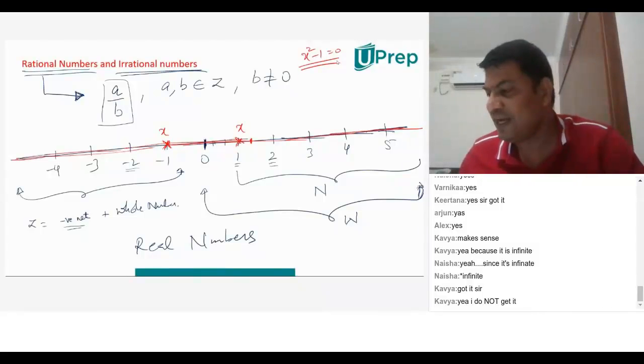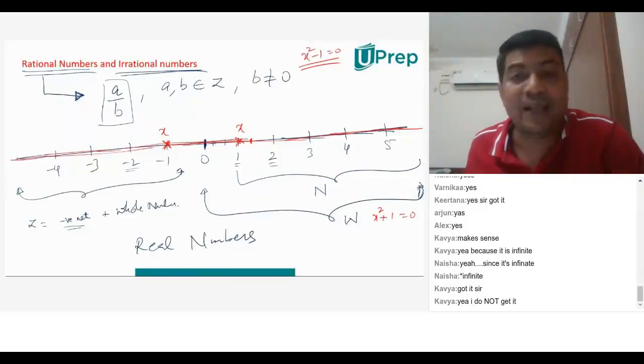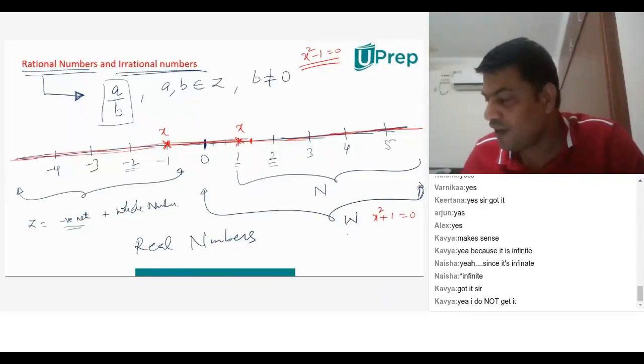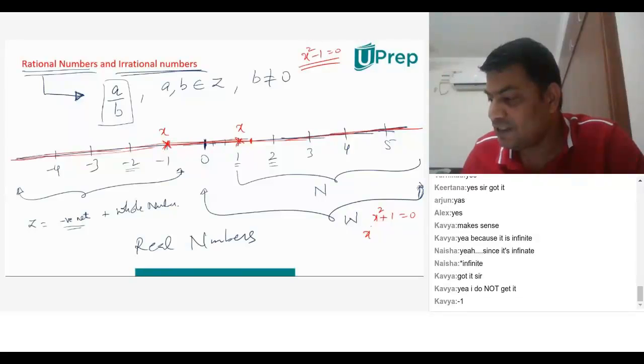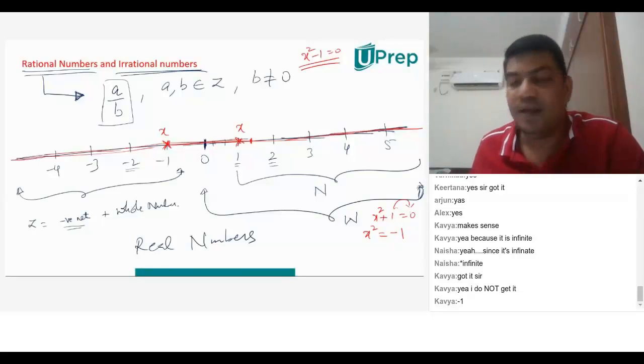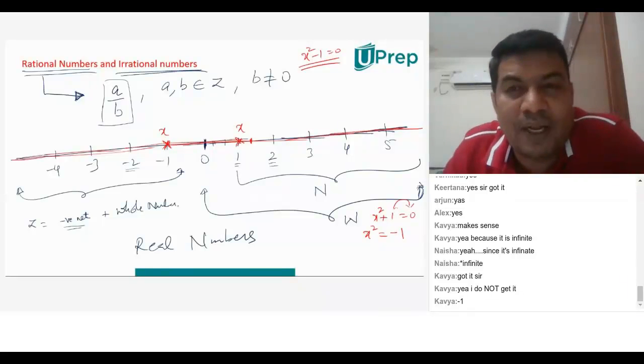Whereas, if I have an equation like x square plus 1 is equal to 0, if I take x square is equal to, this plus 1 goes on the right hand side and becomes minus 1. Now, x square is equal to minus 1. Can a square of any real number give you minus 1?